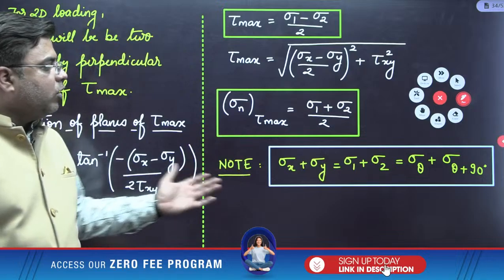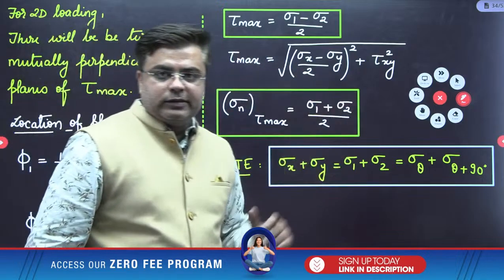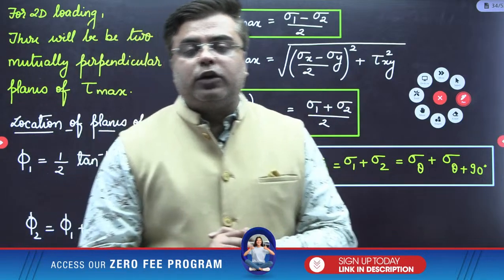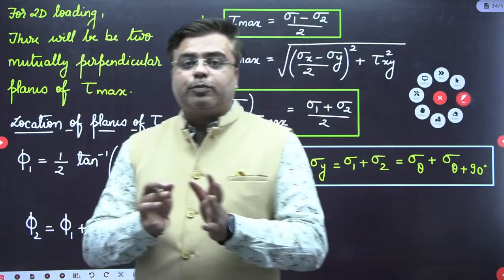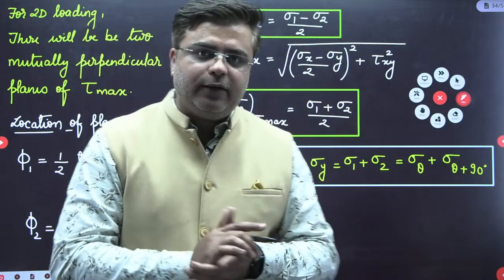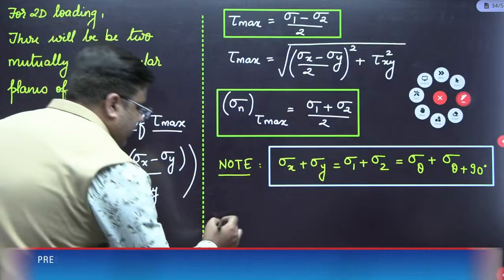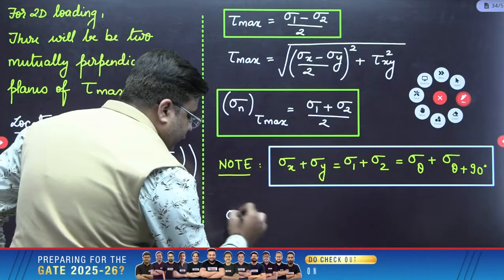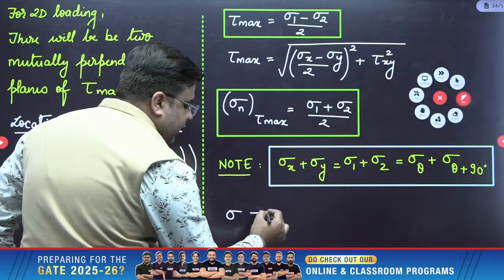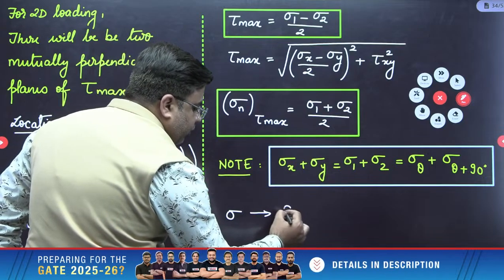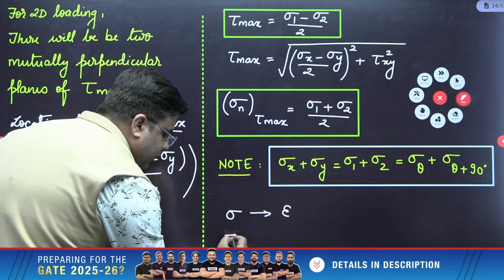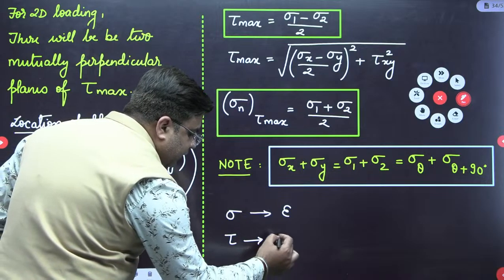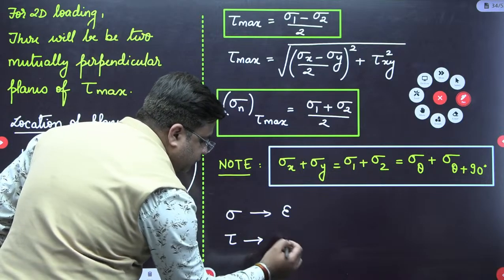Now these are all the expressions for stresses. Using the expressions for stresses, we can write down the expressions for strain, right? What you need to do is, wherever a normal stress expression is there, substitute it with the normal strain. Wherever shear stress is there, substitute it with the shear strain by 2.